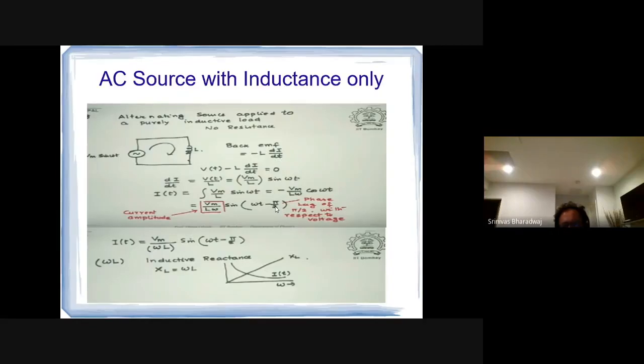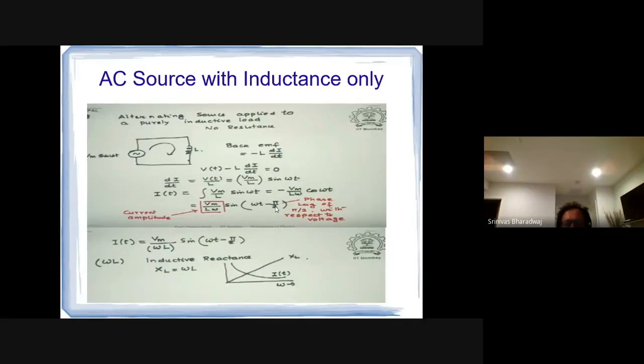You take the derivative, and you already saw, right, so I equals an integral. Therefore, if the voltage is Vm sine omega t, you integrate and you end up with I of t being an integral, right?